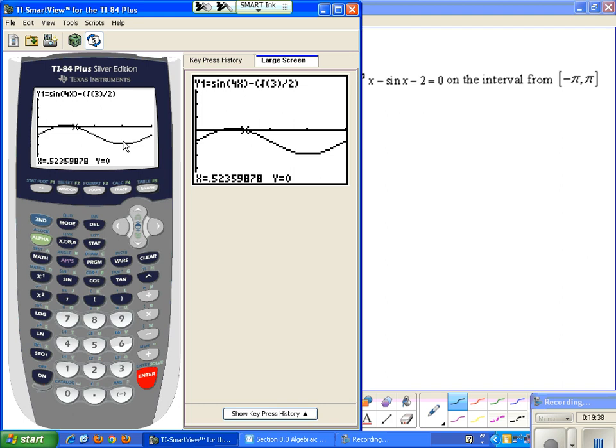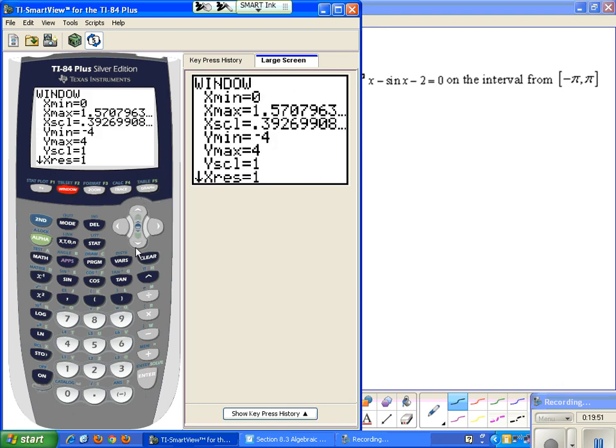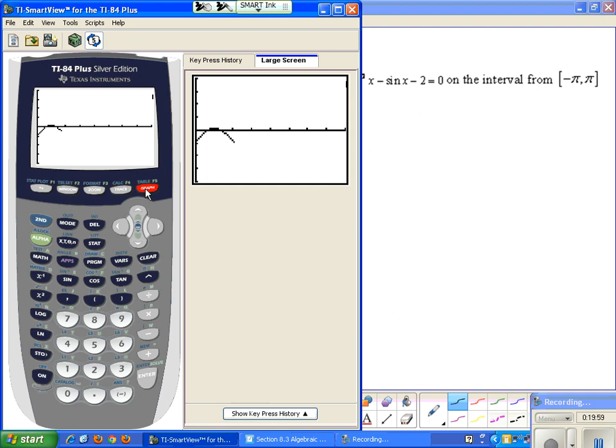If I were to make the length of this window larger, maybe do 2 cycles instead of 1 cycle, if I add pi n to each of them, then I know I'm going to get multiple answers. So if I change my window instead to pi, because pi over 2 plus pi over 2 would be pi, and hit graph, notice I would have 2 cycles now. So then for this, just to show you, second trace value, I have pi divided by 12, which was my first answer.